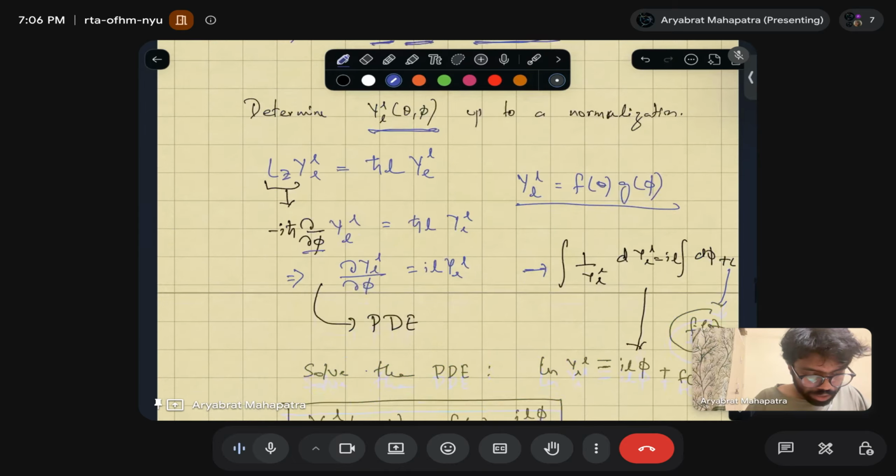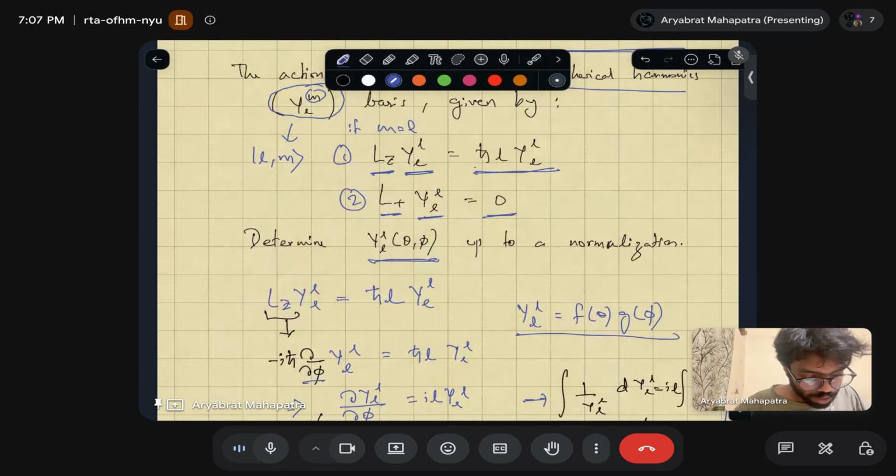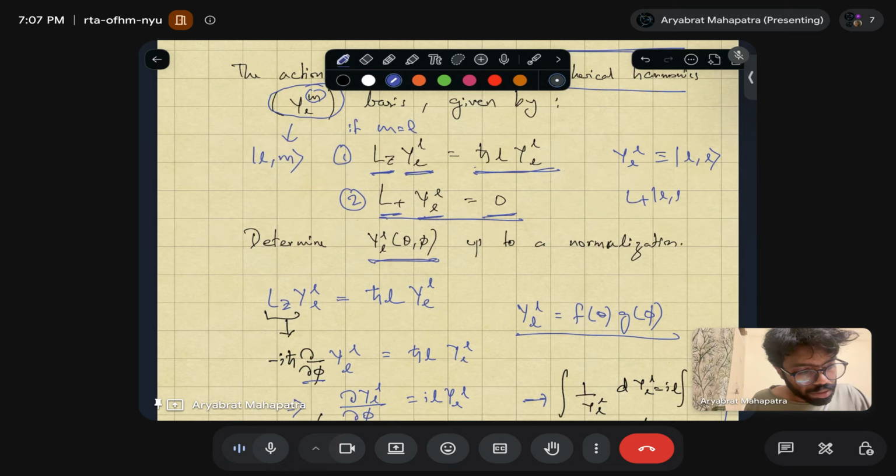And one more thing, why this condition? Even if it is not given to you, it is understandable, because this condition is bound to follow. If you are dealing with YLL, which is the LL eigenstate, then when L plus acts on it, it is bound to go to 0, because L is the highest state.